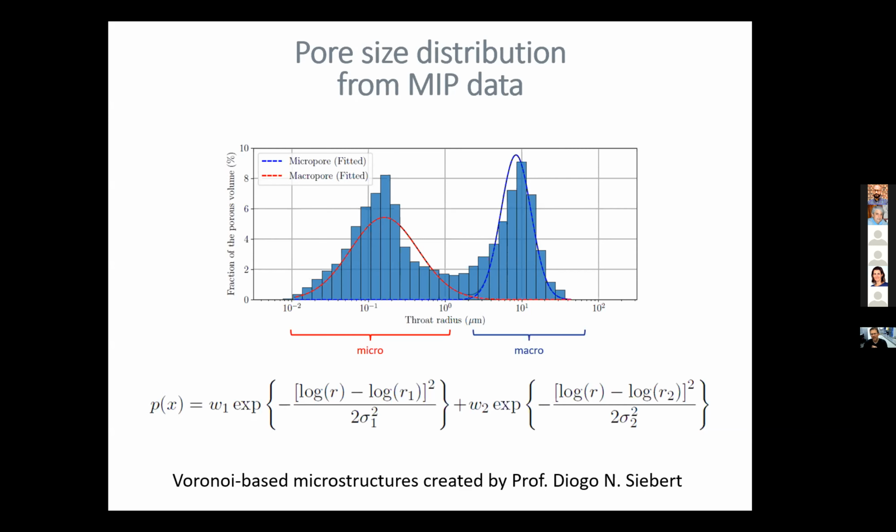So combining those Gaussian curves, you can have a combined function that can be adjusted to the data, and you can create from that a micromodel with this kind of information.